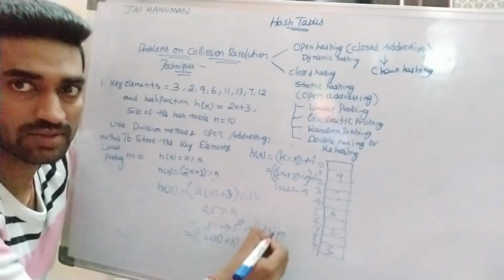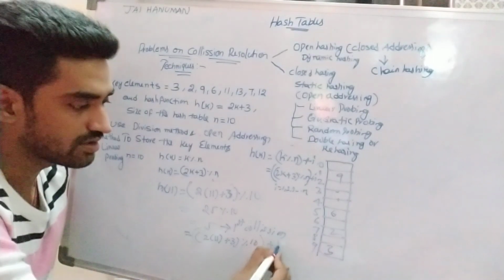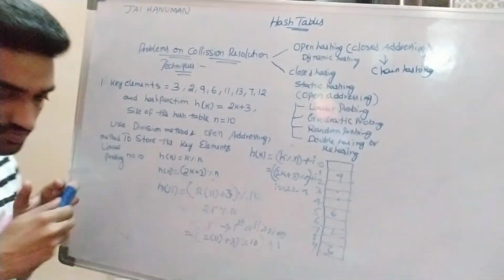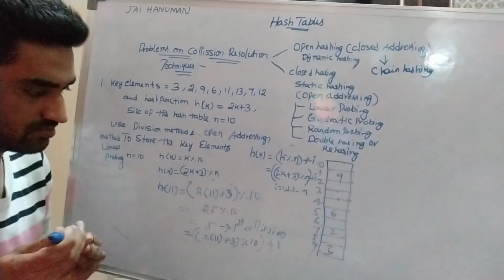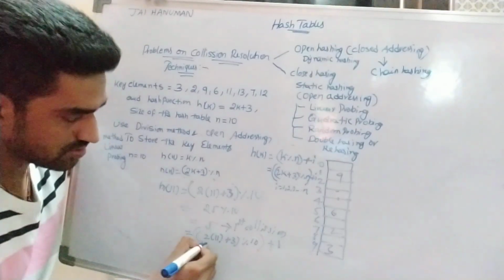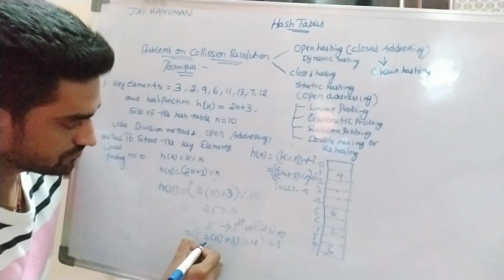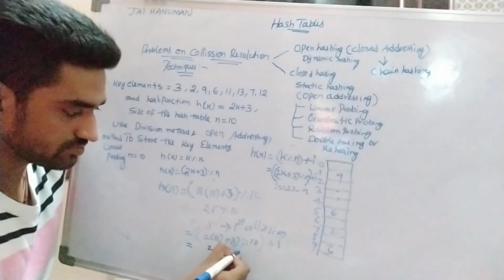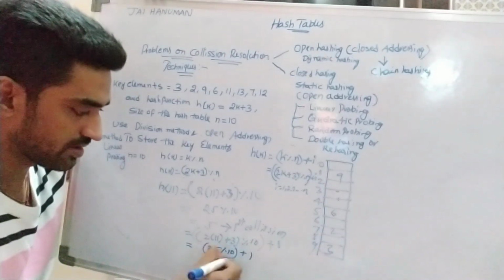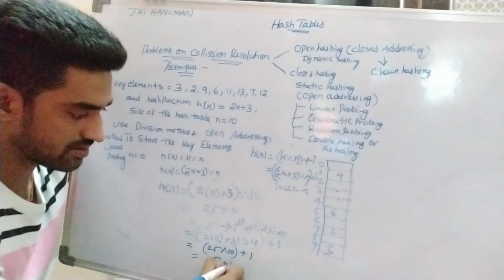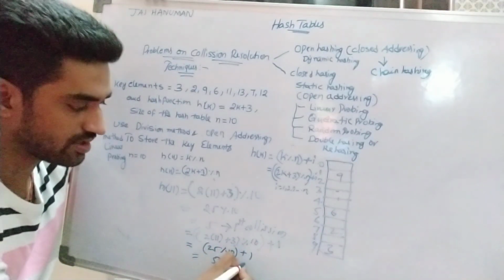The i value starts from 1, so here I am taking i is equal to 1. So in total this is 25 modulo division of 10 plus 1. So 5 plus 1, which is equivalent to 6.